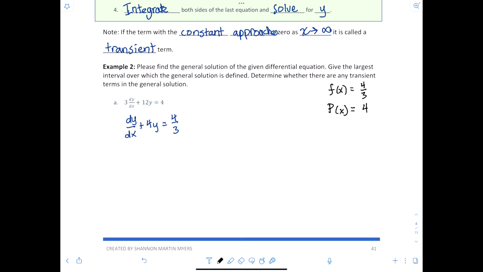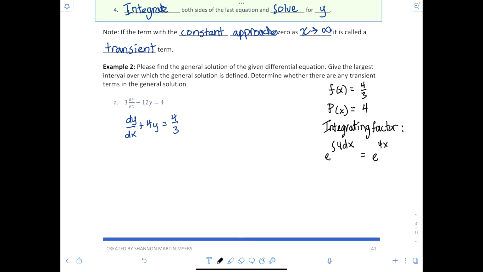It's the coefficient of the y term. So our integrating factor is e to the integral of 4 with respect to x, and that is just e to the 4x, correct?